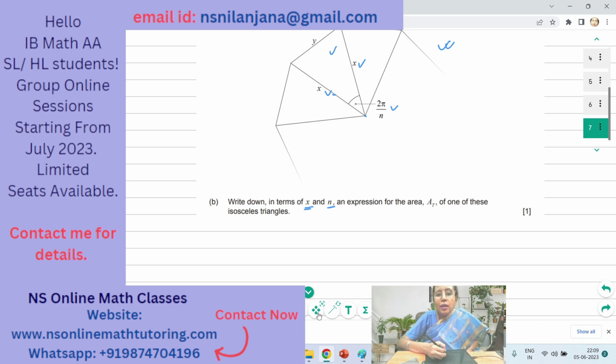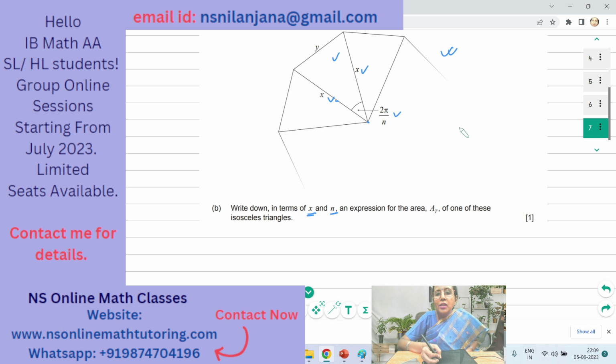So since we have to give the area of one of these isosceles triangles in terms of x and n, first of all we will just get the area of one of these isosceles triangles. So the area AT will be equal to half times x times x times sine 2 pi by n.